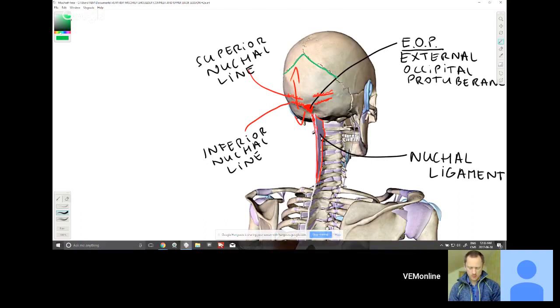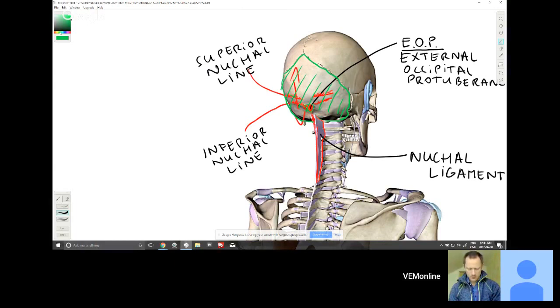That's one of the bones that make up the skull. All these structures that we were talking about are found on the occipital bone: the superior nuchal line, inferior nuchal line, and external occipital protuberance.